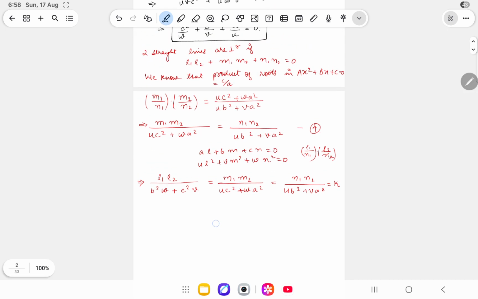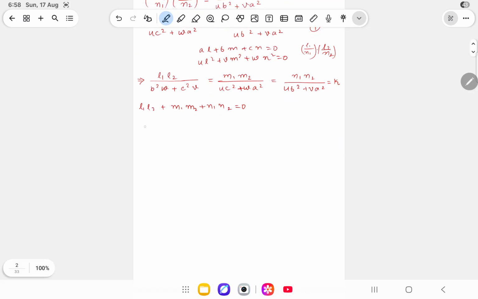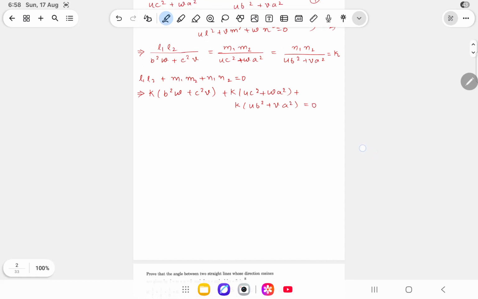So we know that two lines are perpendicular if L1 L2 plus M1 M2 plus N1 N2 equals to 0. So from this equation we can get the values of L1 L2, M1 M2 and N1 N2, and substituting these values we get k into b square w plus c square v plus k into u c square plus w a square plus k into u b square plus v a square equals to 0.